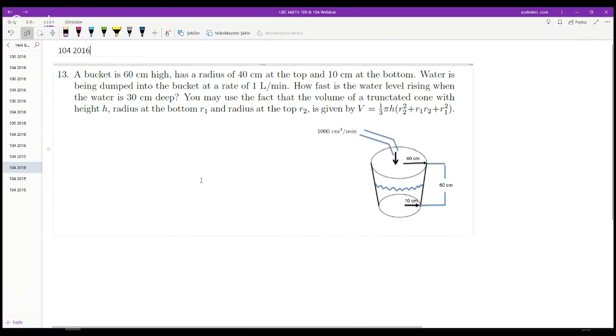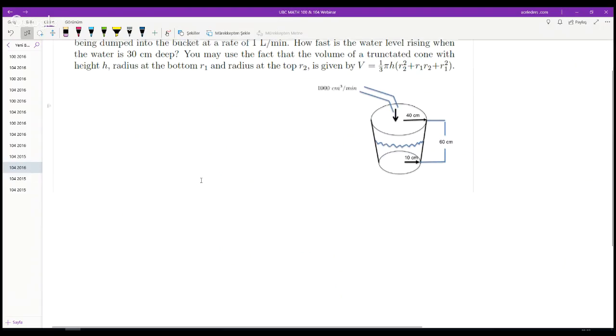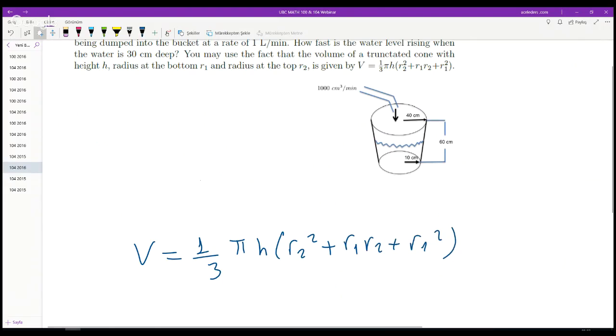You may use the fact that the volume is 1 over 3 pi H times R2 square plus R1 R2 plus R1 square.